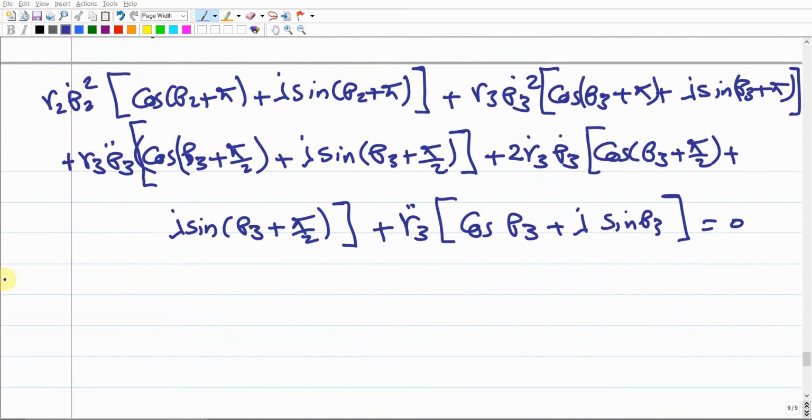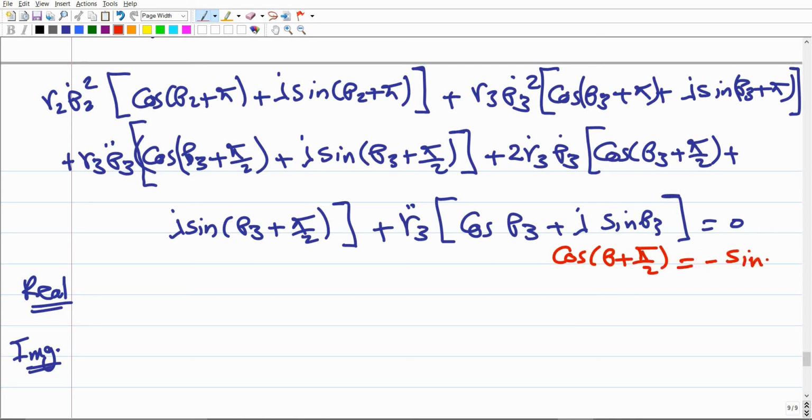Then we can decompose this one or just collect the real terms and the imaginary terms. While we are collecting these terms, we have to consider these trigonometric relations. As we mentioned, the cosine of theta plus pi over 2 gives us negative sine theta, while the sine of theta plus pi over 2 gives us the cosine of theta.